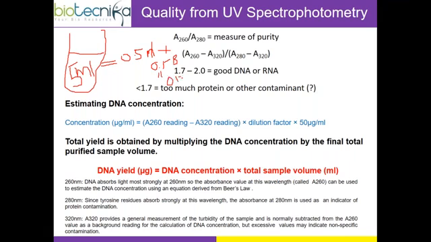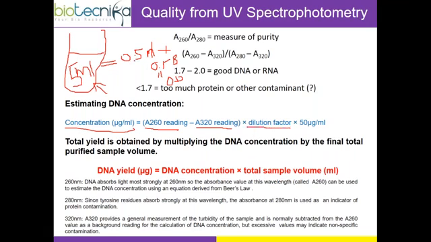If I want to calculate the concentration of the DNA in 5 ml, I take the absorption at 260 minus absorption at 320, into the dilution factor. What is the dilution factor? That is a question by Syed.